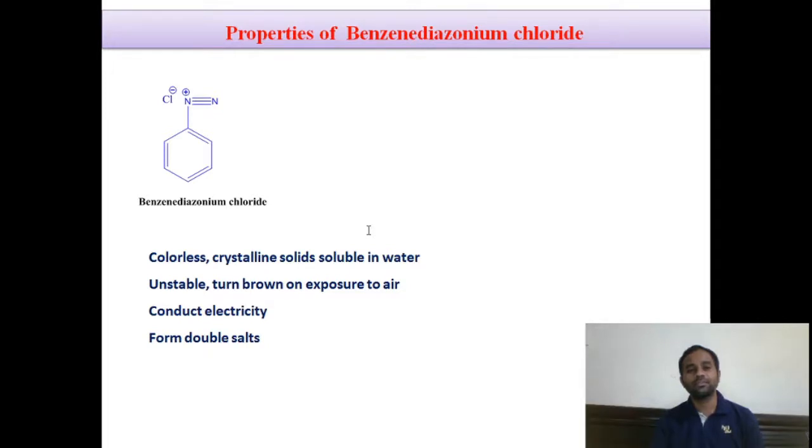Of course, benzene diazonium tetrafluoroborate is a very stable compound, whereas benzene diazonium chloride is unstable. Right? These aryl diazonium salts will also conduct electricity in aqueous medium, and they form double salts by interacting with metallic salts. This is about the physical properties of benzene diazonium chloride.